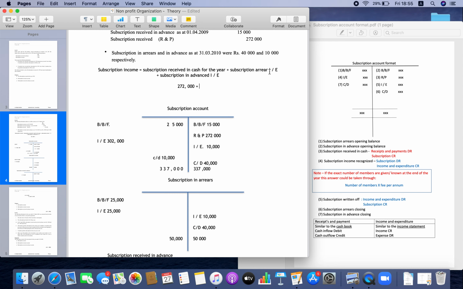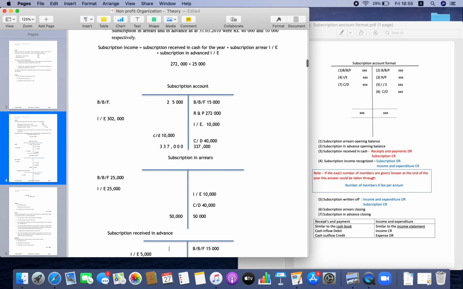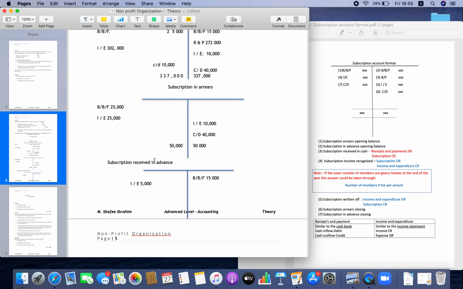subscription in arrears I and E. When you go to your subscription in arrears account, the I and E is representing 25,000. So you add back 25,000. And finally, subscription in advance I and E. When you look at your T account, subscription received in advance I and E is 5,000.